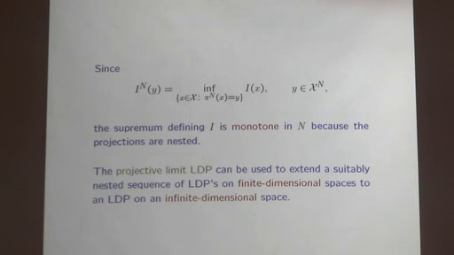And so this general fact immediately allows you to obtain an LDP in a very general setting from just knowing what it is doing in very simple settings and taking projective limits. And that is the best way in which you can prove that you have an LDP.